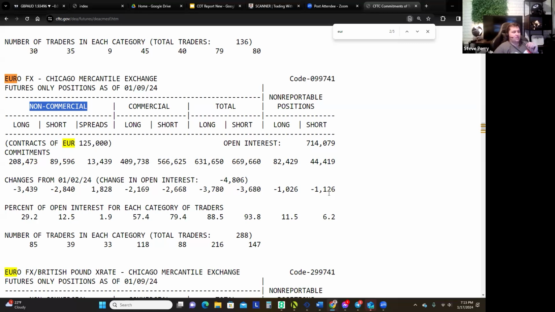Then you have the commercial side of the market, right? Commercials are institutions that have another purpose other than just making a profit from an outright position. What commercials like to do is take positions with the purpose of hedging a product or a service.